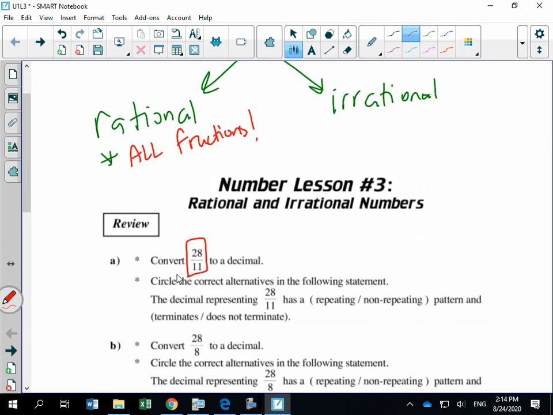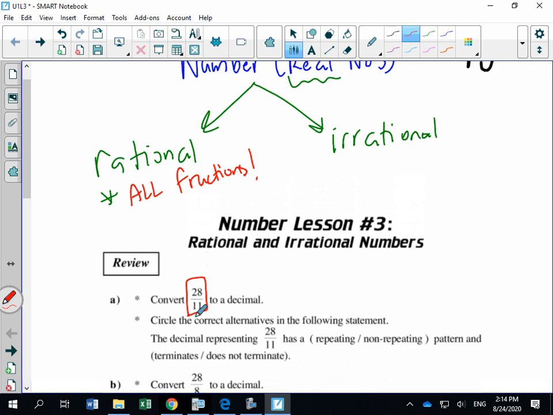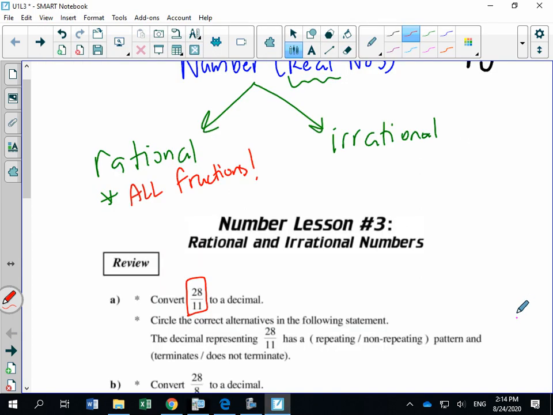Then what happens with rational numbers is something happens to their decimals. If I type 28 divided by 11 on my calculator, let's look at the decimal: 2.54545454. This decimal is what's called repeating.